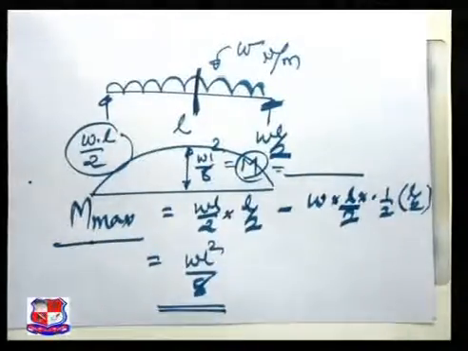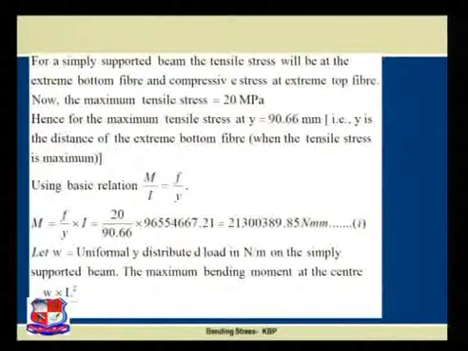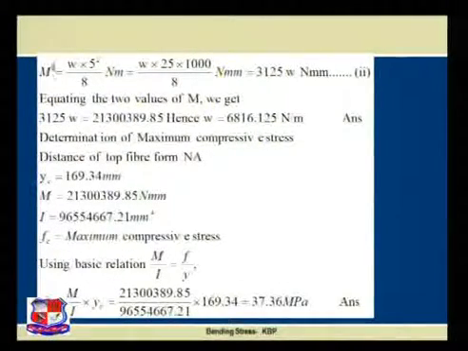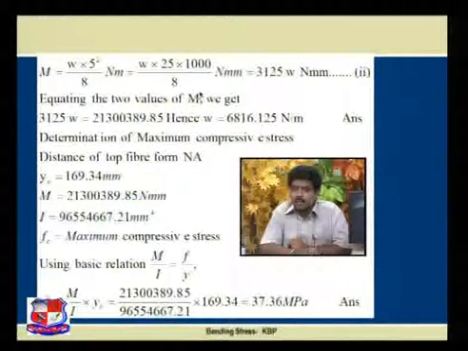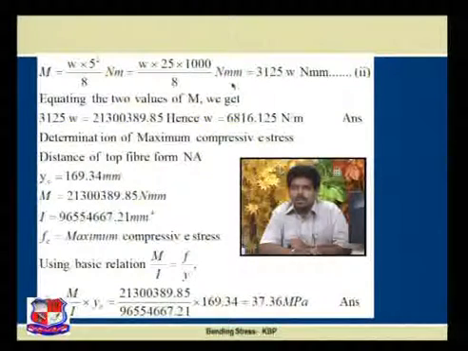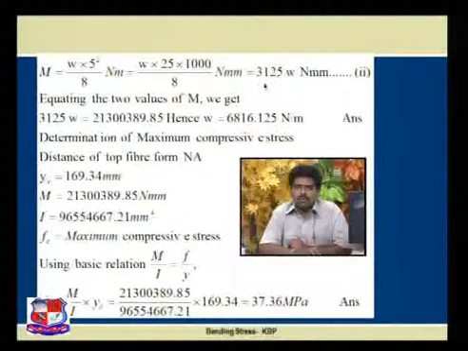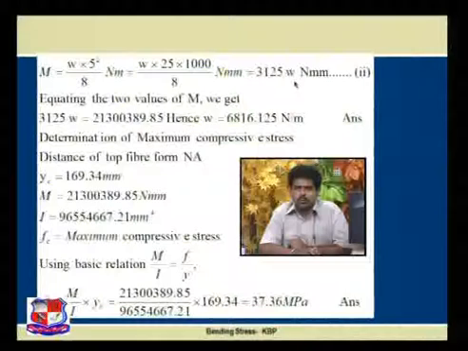So if we come to this particular PPT, we know that answer. M is equal to W into 5 square divided by 8 Newton meter, which is equal to W into 25 multiplied by 1000 divided by 8. Why 1000? To convert Newton meter into Newton millimeter. I found it is 3125 W Newton mm. This is equation number 2.